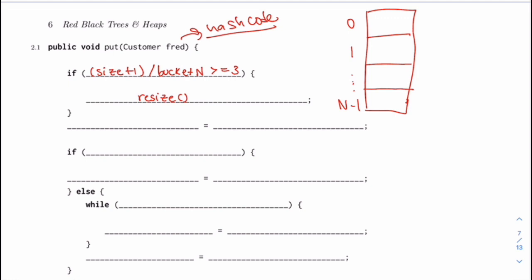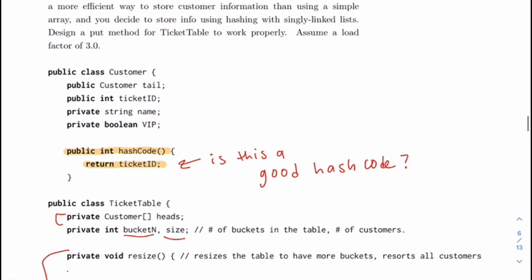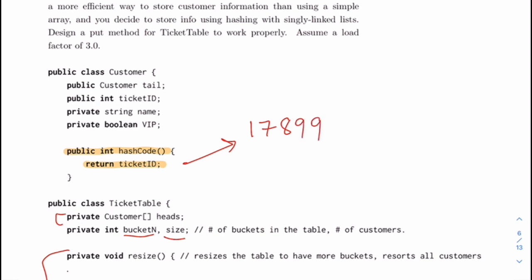But here's the thing. We can't just use the hash code function and then assume that that's the correct index. Why? Well, we have a ticket ID, and a ticket ID could be super long, right? But our hash table is not necessarily going to have this many items in it, right?